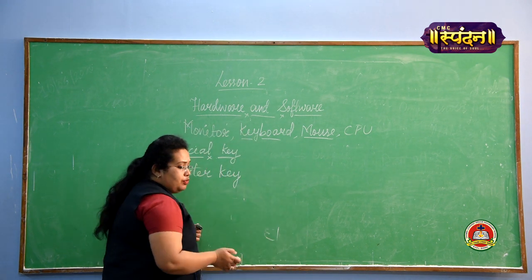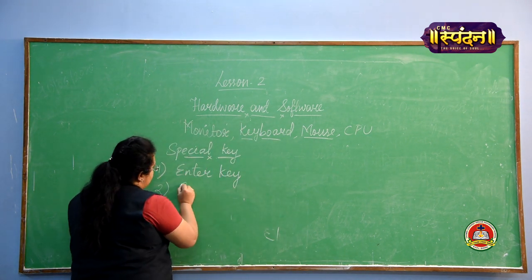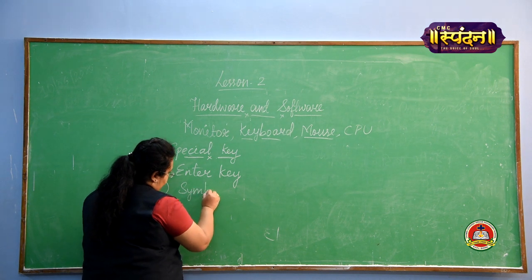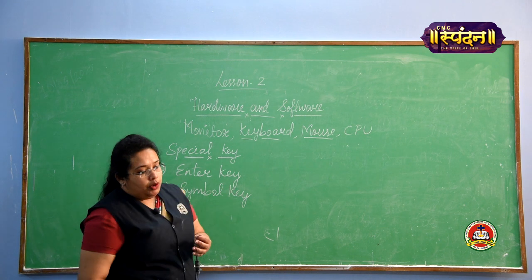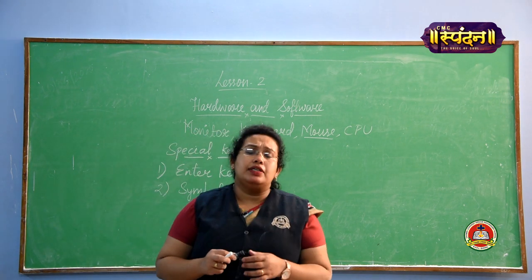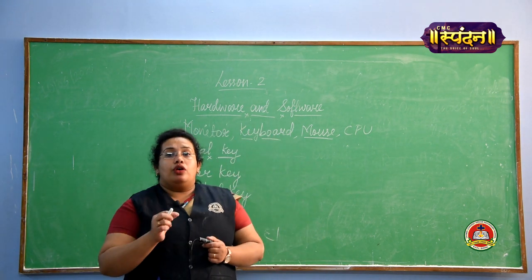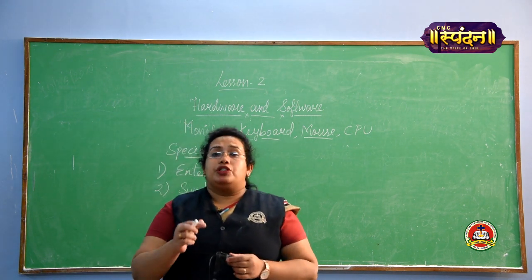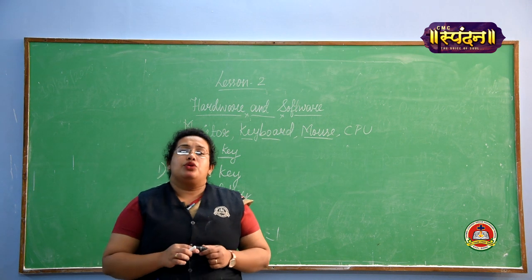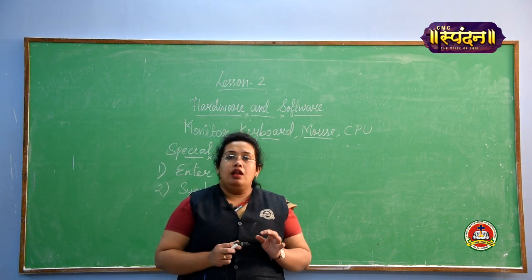Now the next key which we are going to study is known as the symbol key. Symbol keys are punctuation marks like full stop, comma, exclamation mark, brackets, all of which come under symbol keys.